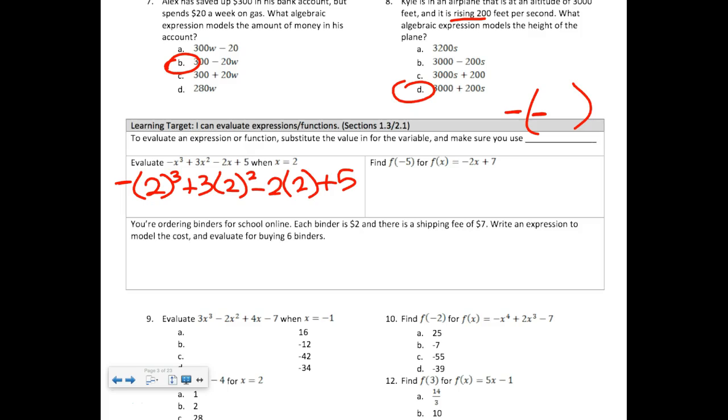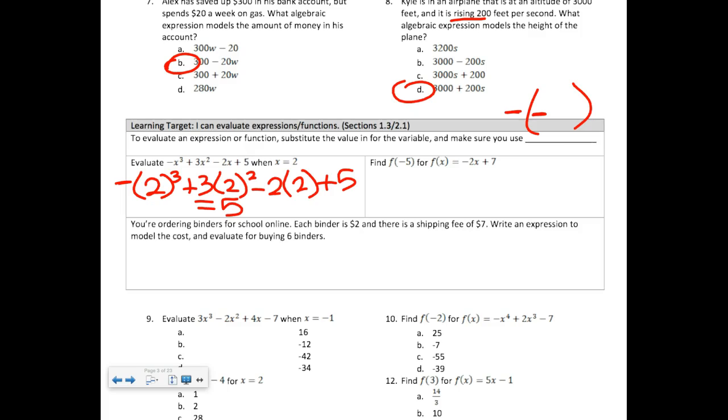I would probably have my calculator do the whole thing. I'm not saying that you guys don't know 5 times 2, but sometimes we make silly mistakes. You guys okay if I give this to you to help us speed up time? So when I plug this into my calculator, I'm going to get 5.